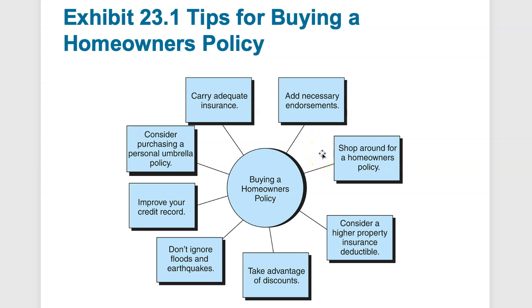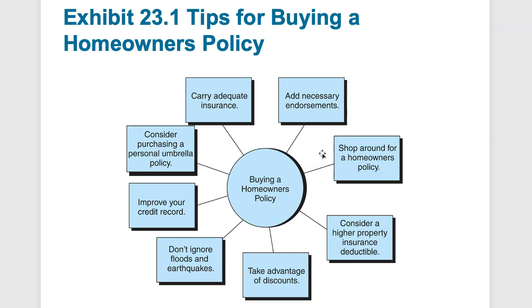Shopping around for a homeowner's policy is important, because they're all going to have very, very wildly different rates. So you do want to shop around. You want to look for not just the lowest price, but for a combination of price and coverage. And also you want to look for whether the insurance company is reliable. Do they give their insured people a hard time when they try to file their claims?